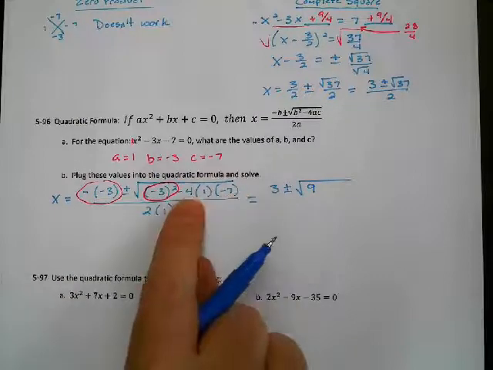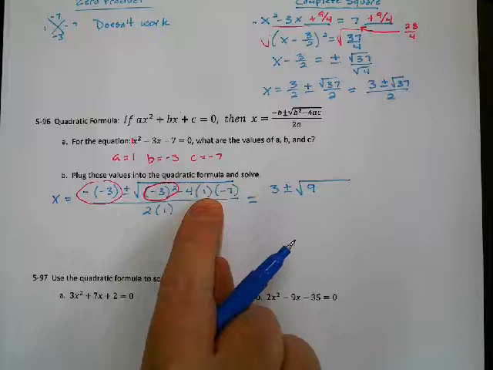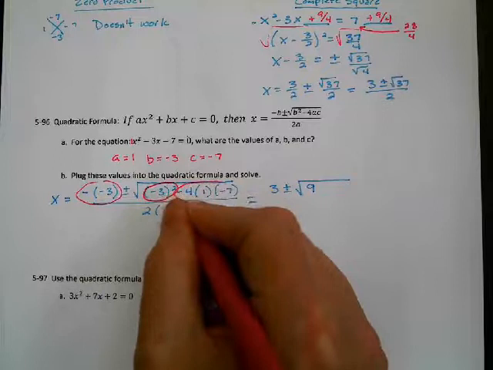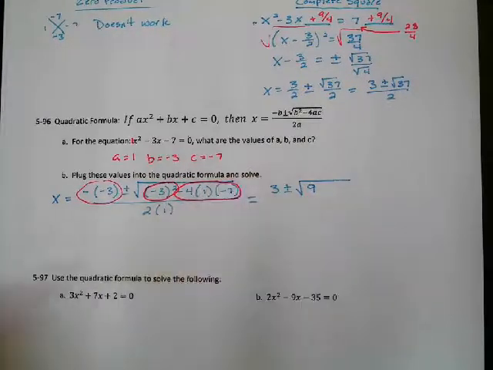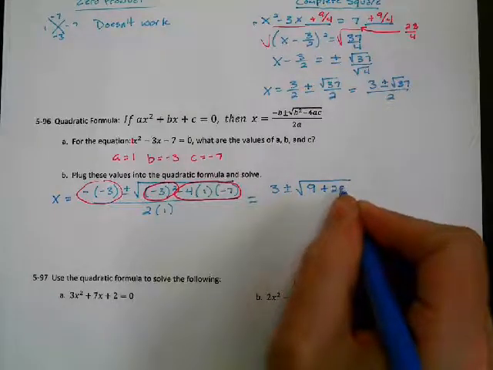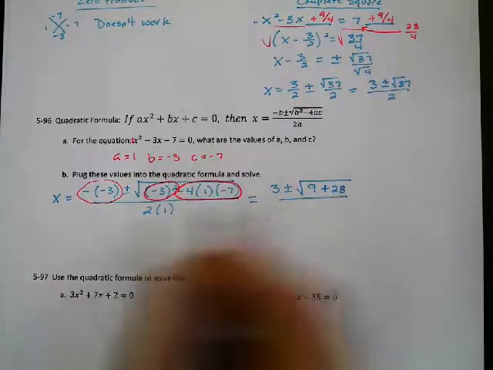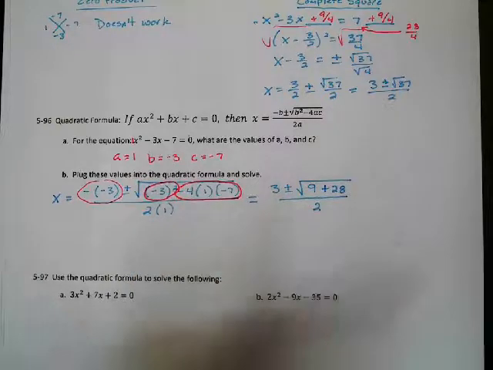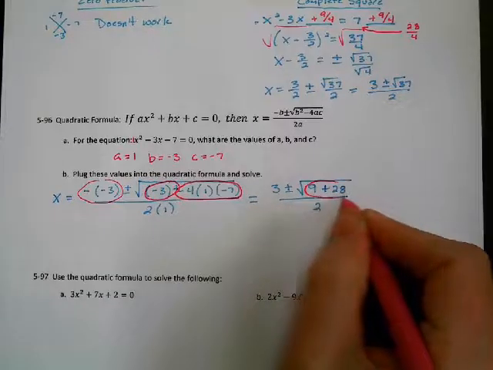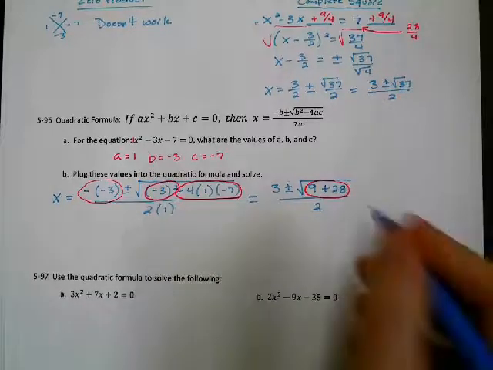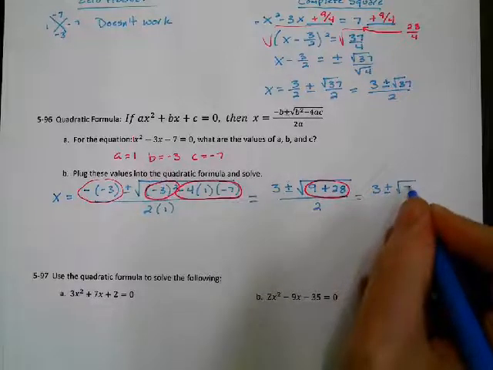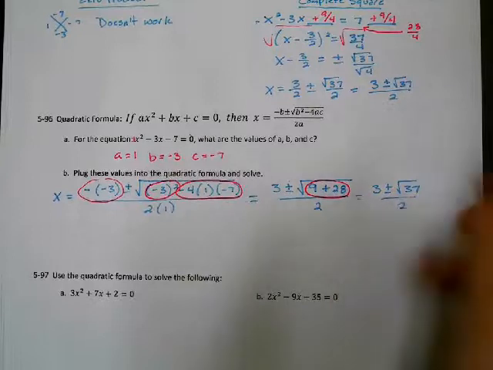Negative 4 times 1 is negative 4, and then negative 4 times negative 7 is positive 28. That's my third cleanup area. So that's positive 28, all over 2 times 1, which is 2. I can still clean this up a bit. 9 plus 28 is 37. So I've got 3 plus or minus the square root of 37, all over 2. That's exactly the answer I got up here.